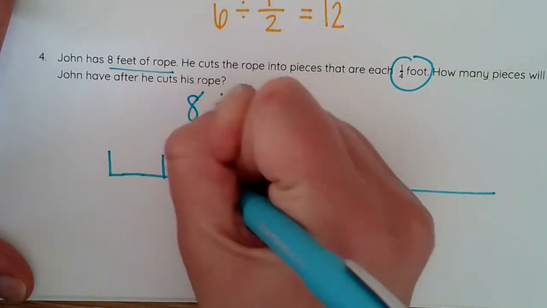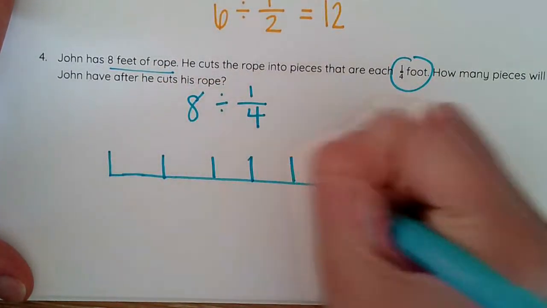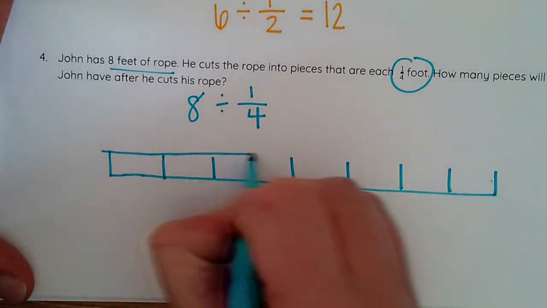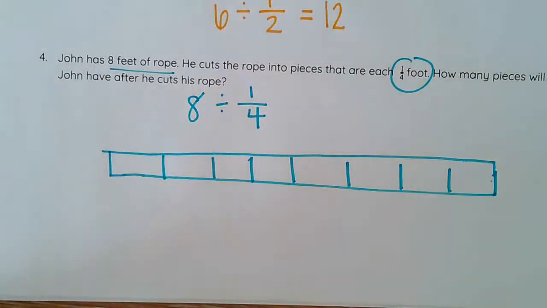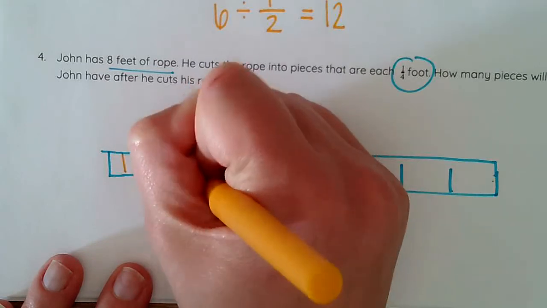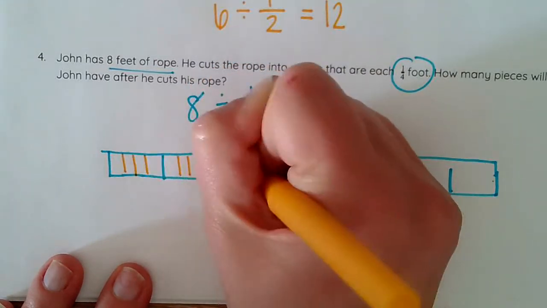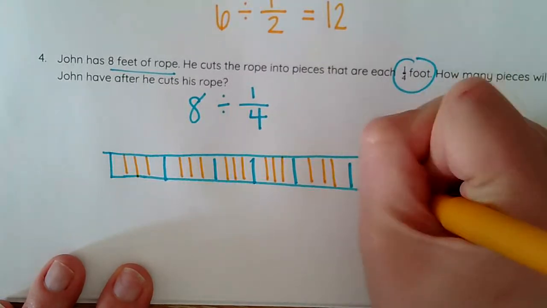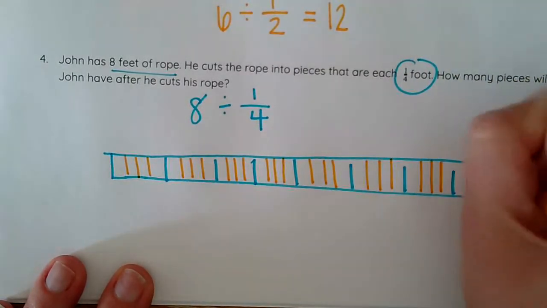So this is 1, 2, 3, 4, 5, 6, 7, 8 feet of rope. And now each foot is going to be split into 4 parts, 4 parts each one.